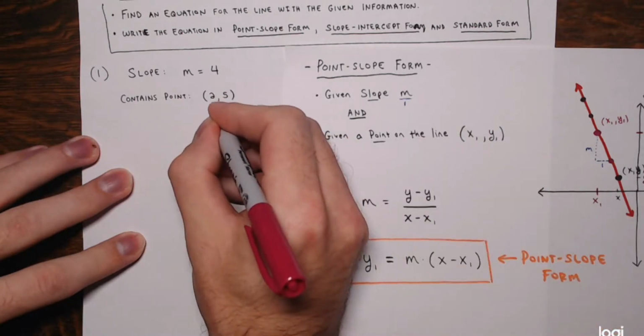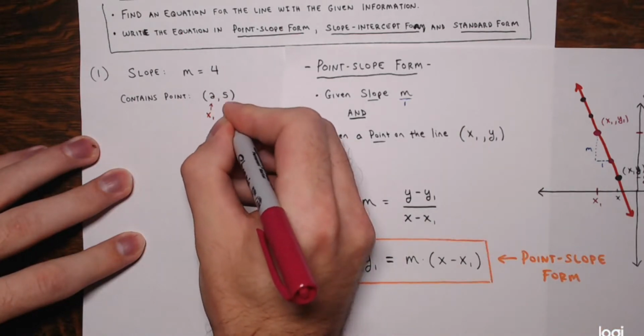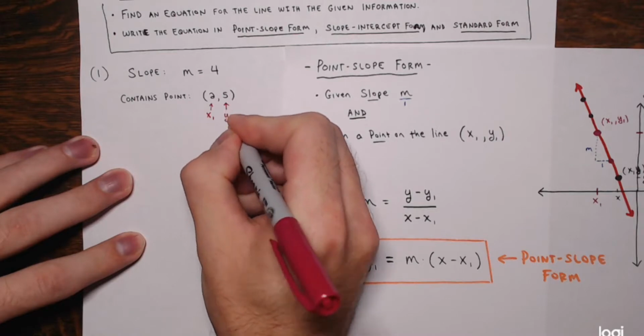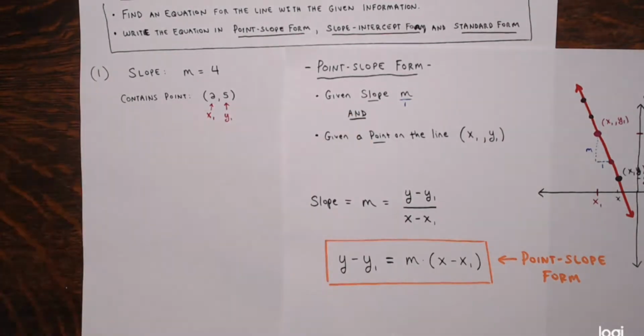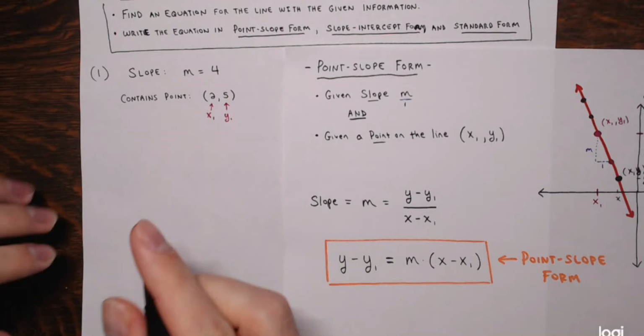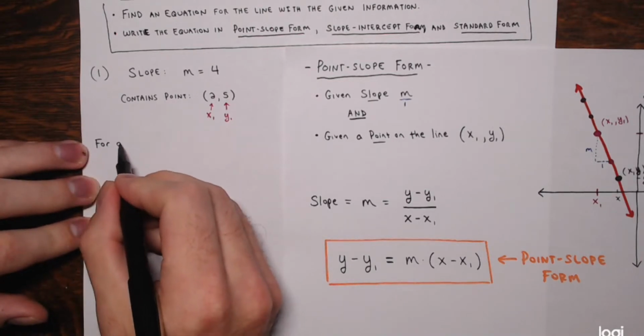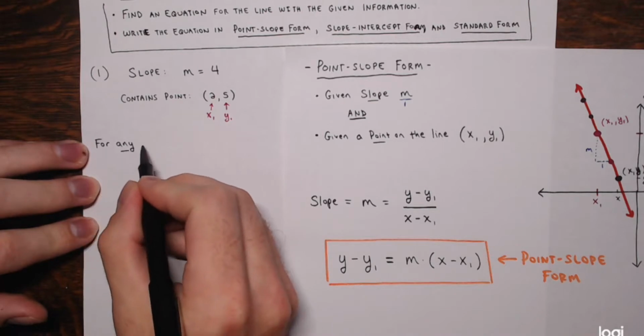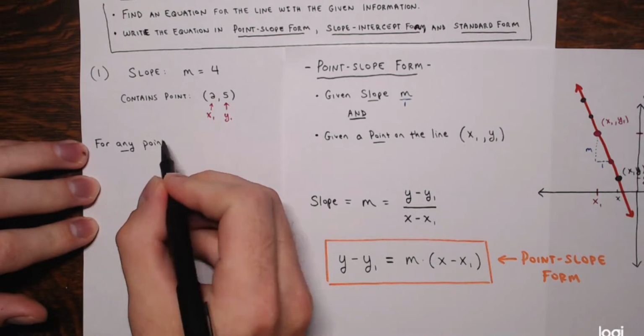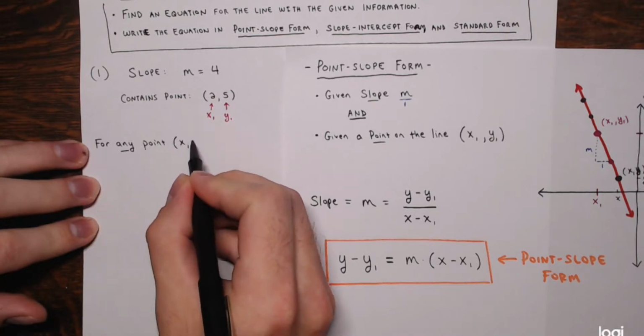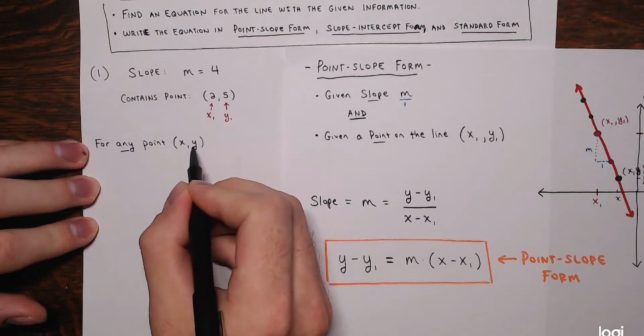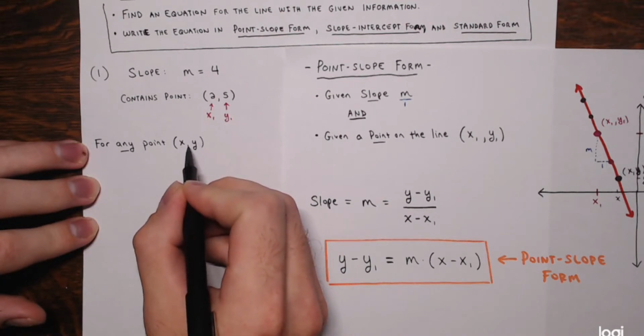So x1 I'm calling 2, and y1 I'm calling 5. And then for any point xy, again, I'm calling these variables because they can change. They're any point on the rest of the line, so they're not specific coordinates at the moment.